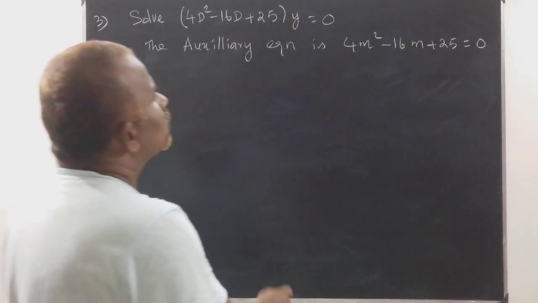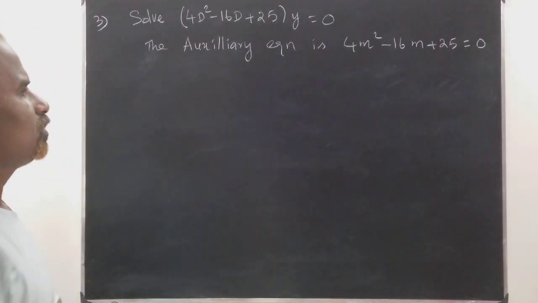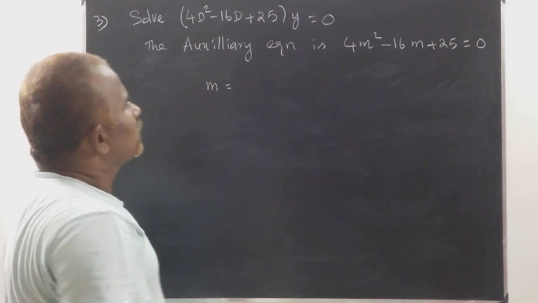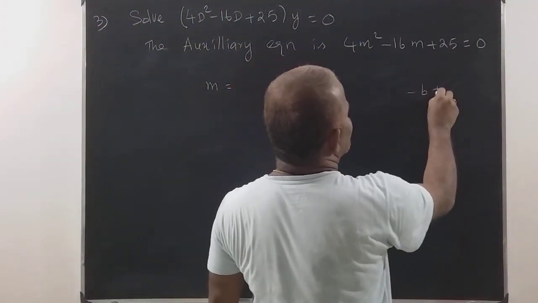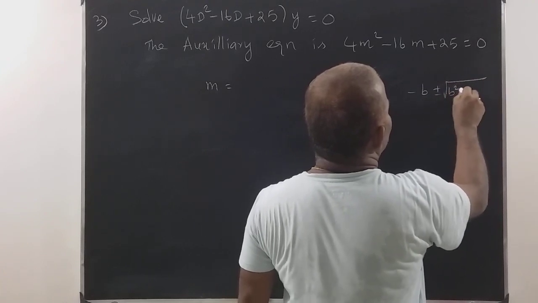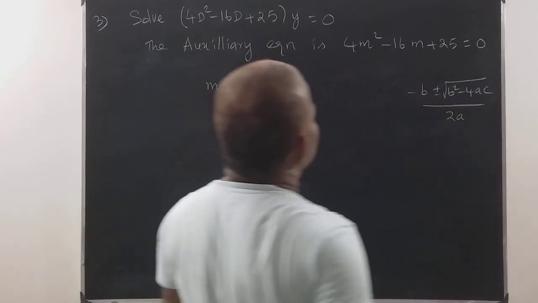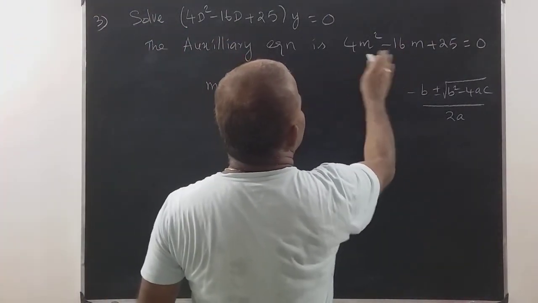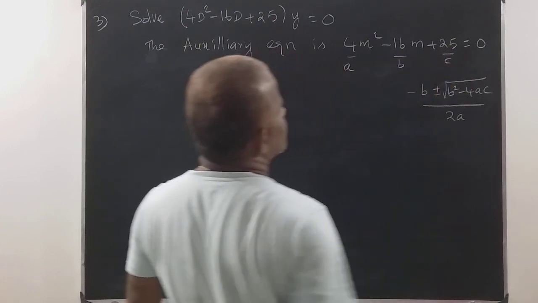Okay, so we have to find the roots. So m is equal to minus b plus or minus root of b squared minus 4ac, divided by 2a. Here this is a, this is b, this is c.